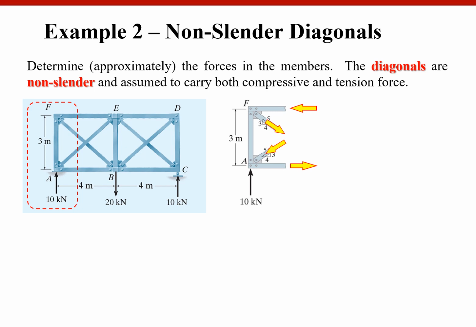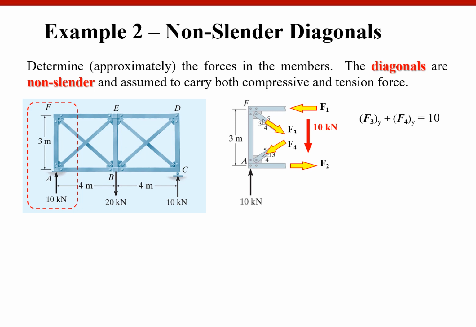But we have only 3 force equilibrium equations, so we need one more equation. In this chapter, please pay attention to where you're going to get the additional equation. We know the vertical component of F3 plus the vertical component of F4 is 10K, so that it will be in vertical equilibrium.